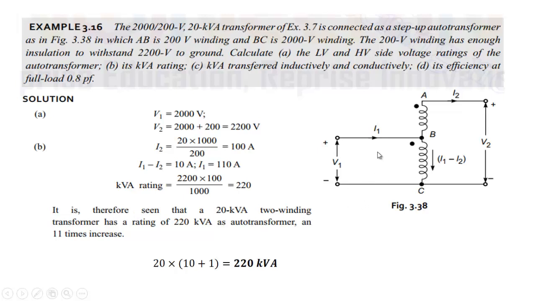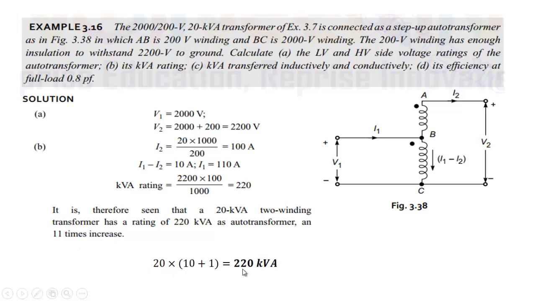So now the input kVA for this will be equal to V1, 2000, multiplied by I1, 110, it comes to 220 kVA. In this case V2 is 2200, I2 is 100, it will again be 220 kVA. It is seen that a 20 kVA two winding transformer has a rating of 220 kVA as auto transformer, 11 times increase.